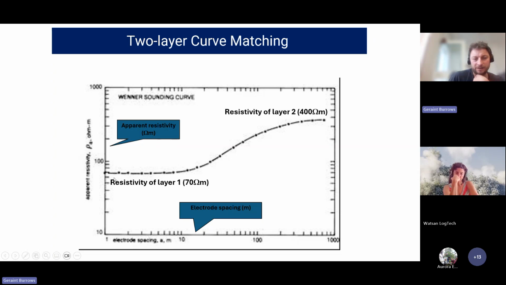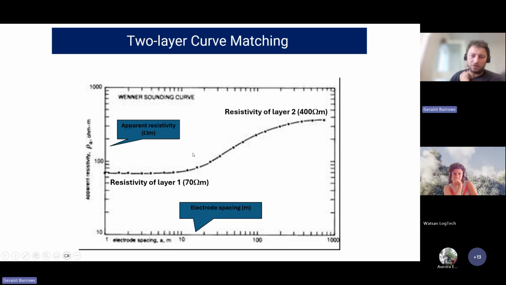In this particular case, you had an initial resistivity measurement of around 10, 20, 30, 40, 50, 70 ohms per meter, which ultimately transitioned into a resistivity measurement of about 350, 400 ohms per meter.